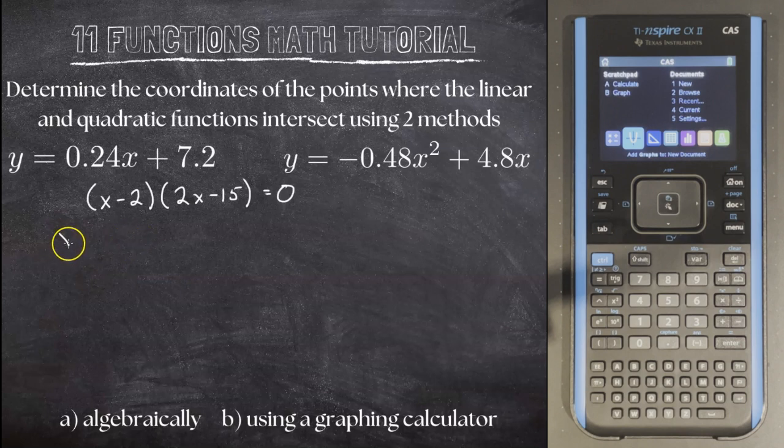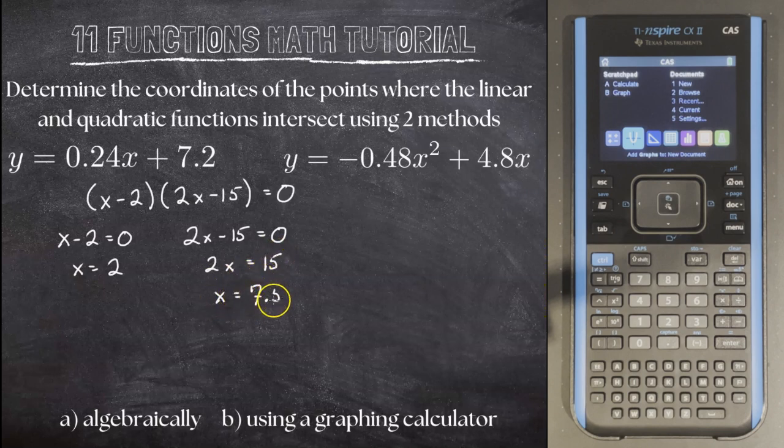We have two solutions: x minus 2 equals 0 and 2x minus 15 equals 0. So x can either be 2, or, solving for this one, divide both sides by 2, x can also be 15 over 2, which is 7.5.